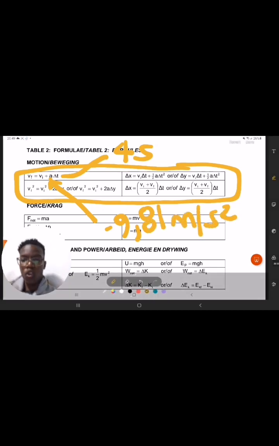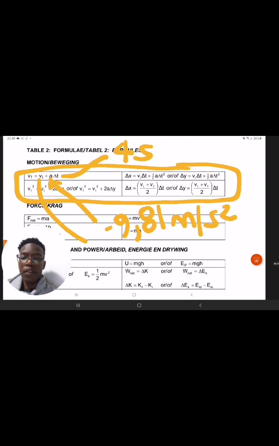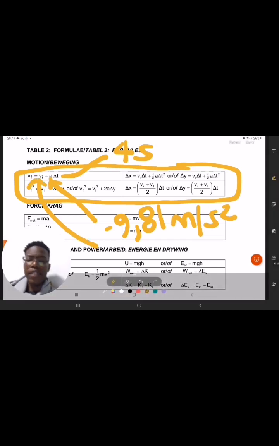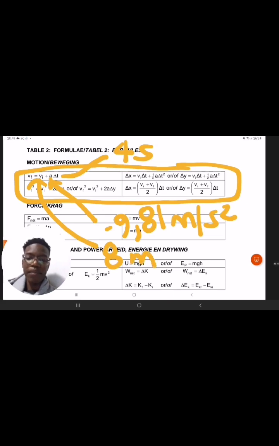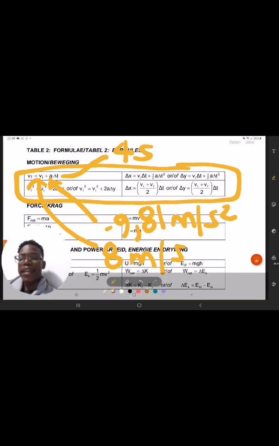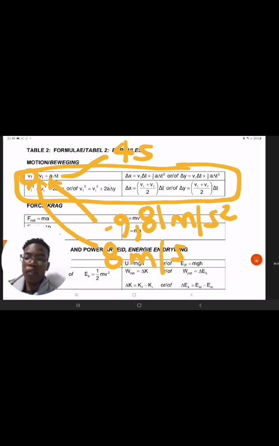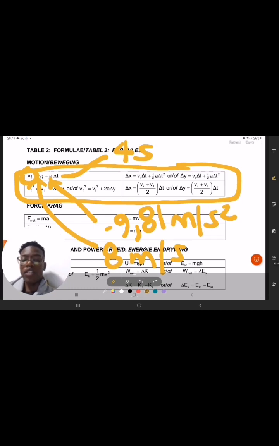So yes, I do have a. And then do I have vi? Yes, I've got vi. From the question, you'll remember that vi was 8 meters per second.